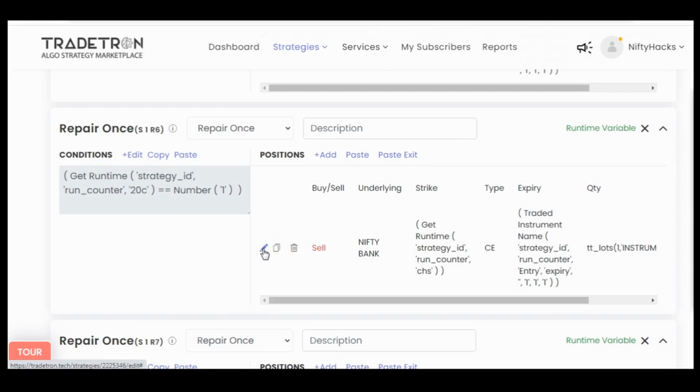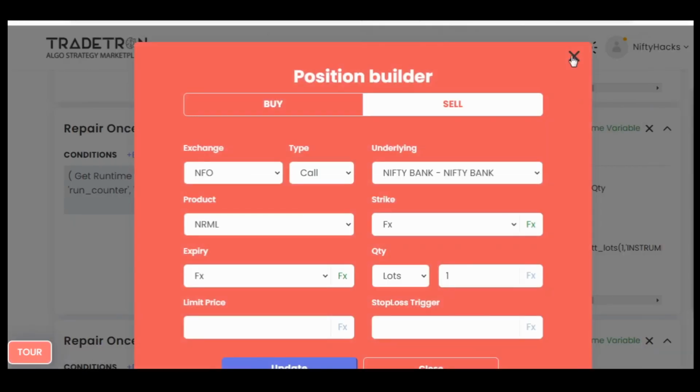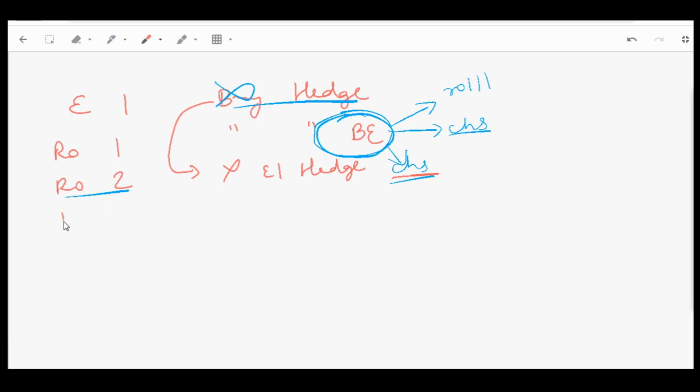So we need to exit whichever is call hedge strike. So basically, if I say RO3 is for 20% decay, we are buying hedges. This call hedge strike is now break even, so call hedge strike minus 200. We have got this hedge, and now we have assigned 20C value to this, that this RO3 has happened.